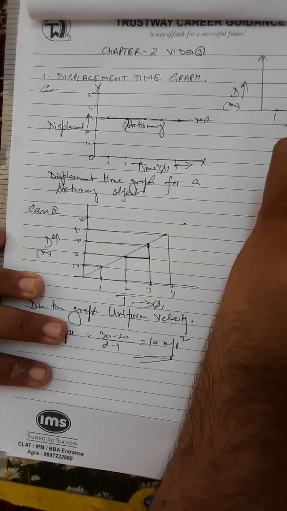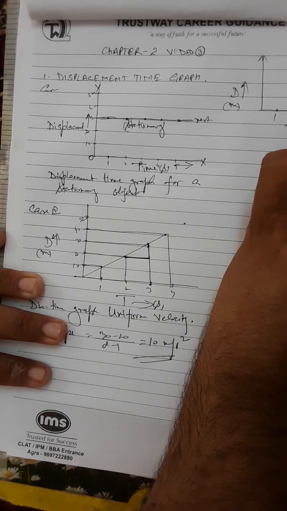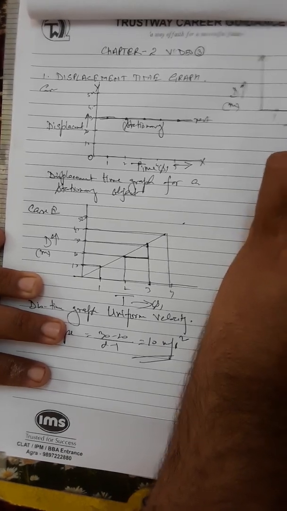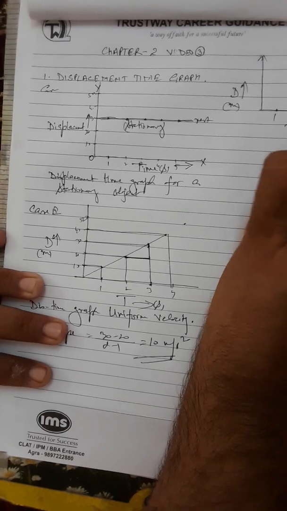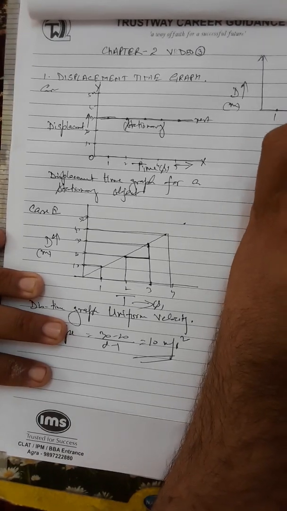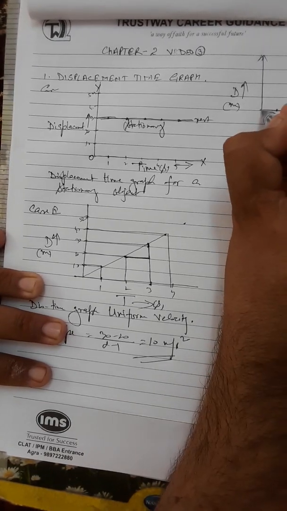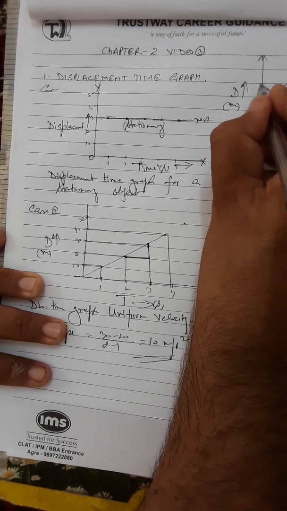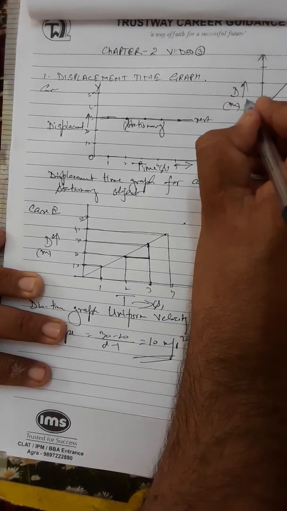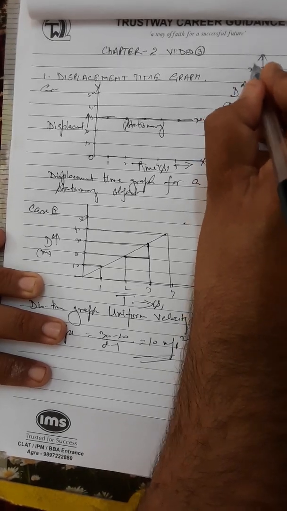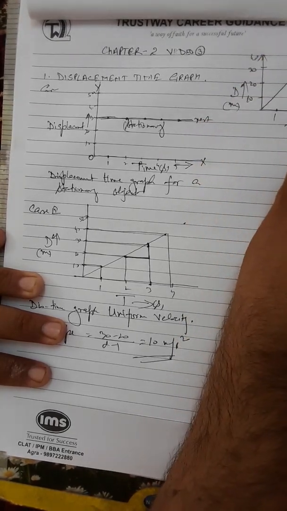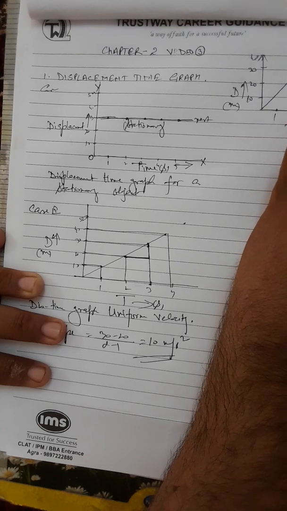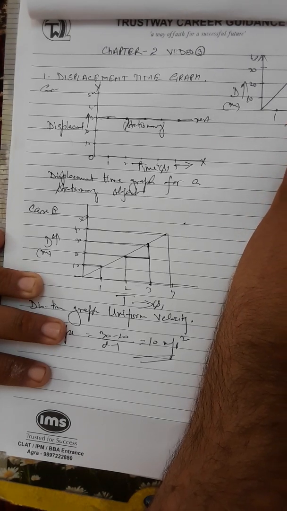Up to 3 seconds, then 5 and 6. At 3 seconds the body has reached the maximum extent, 10, 20, 30 and 40. In 6 seconds, the body reaches its initial position.